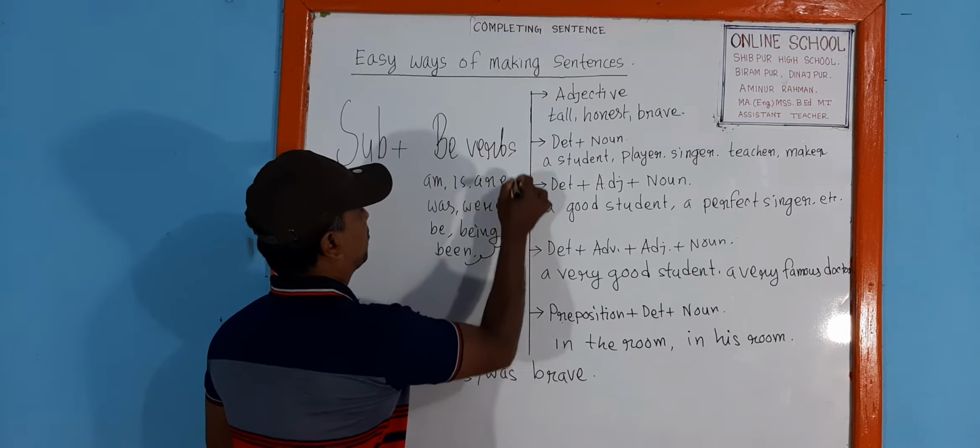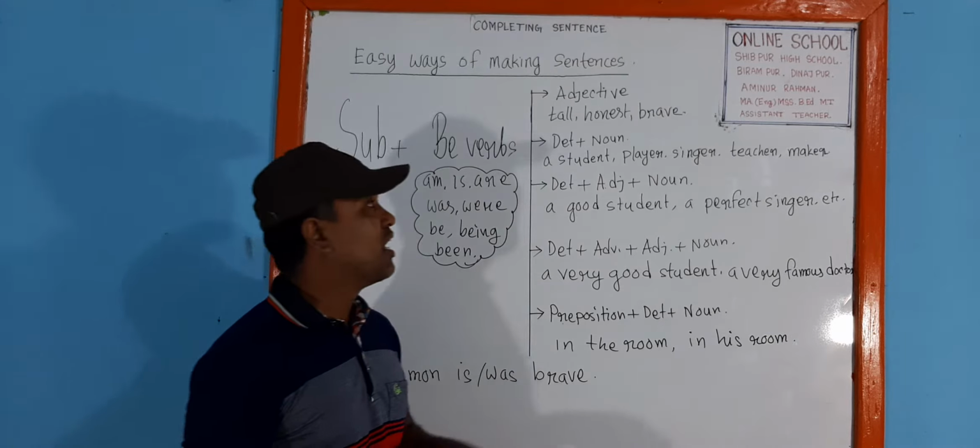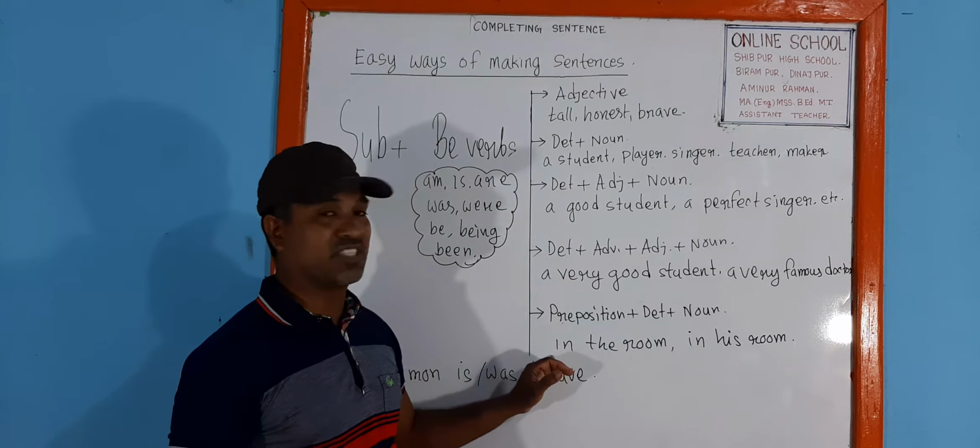So these are be verbs. After these be verbs, we can use this type of structures.